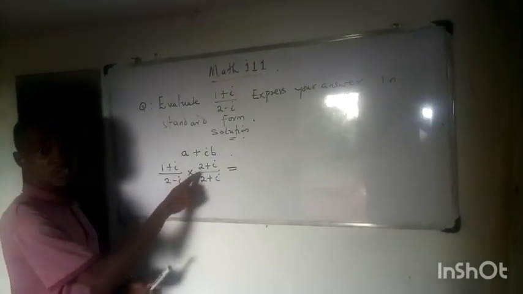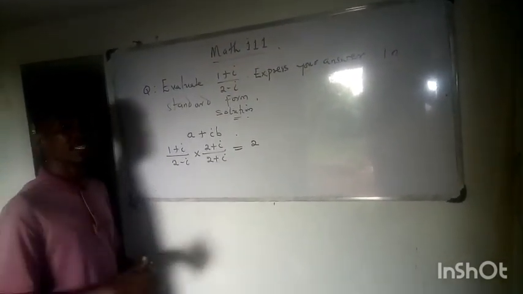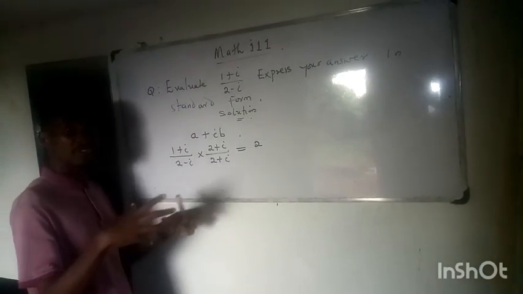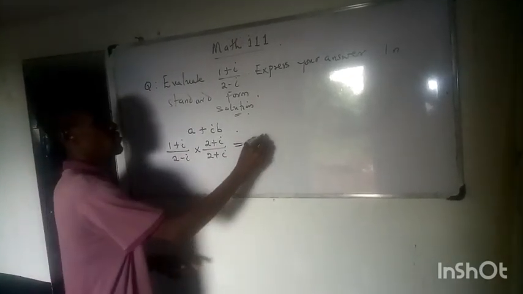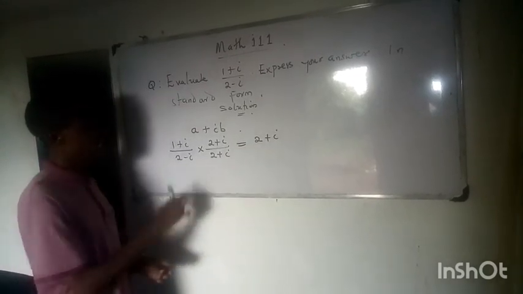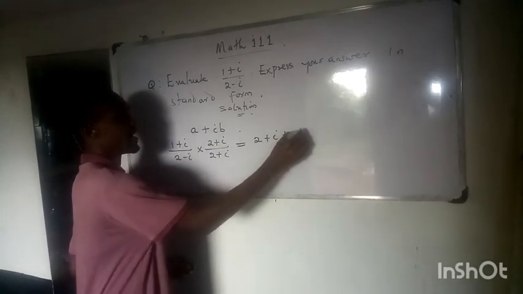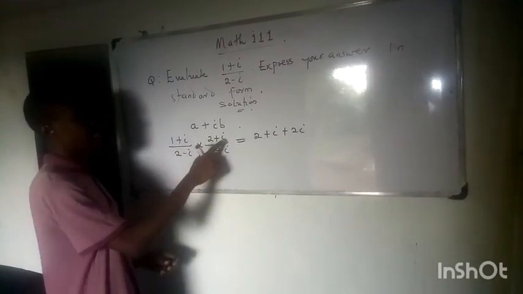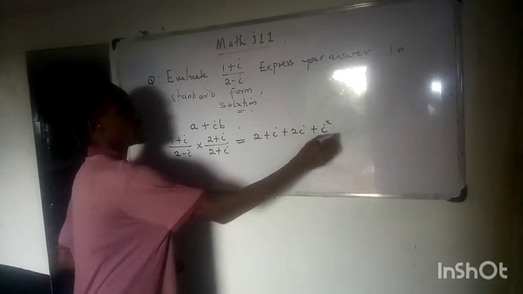So we have 1 times 2, that gives us 2, just as if you are expanding expressions in a bracket. 1 times i gives us i. Then i times 2 gives us 2i. Then i times i gives us i squared.